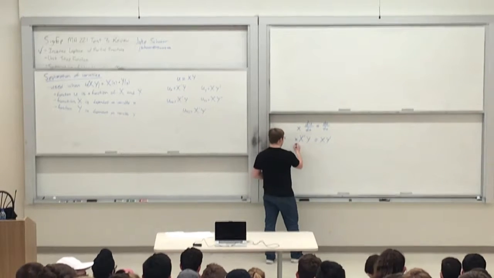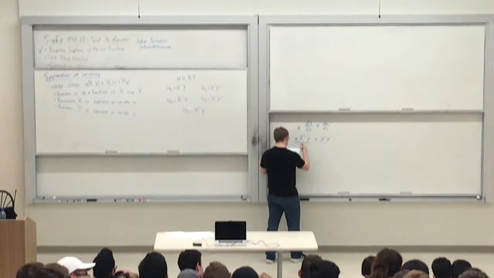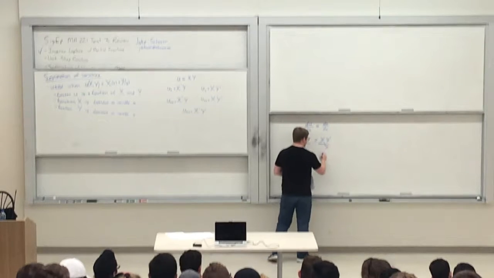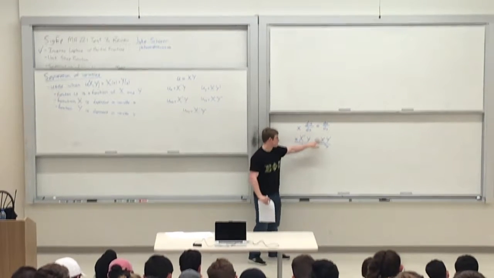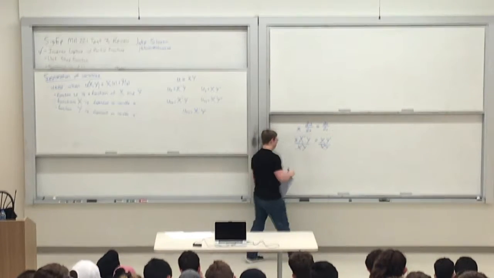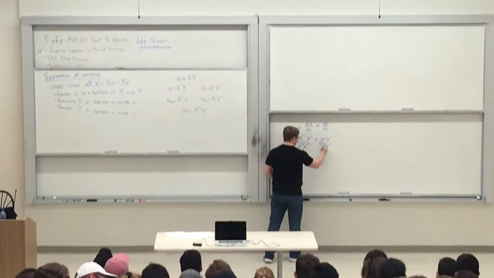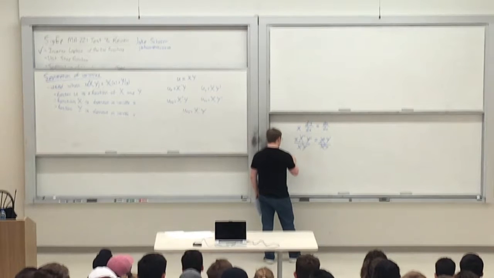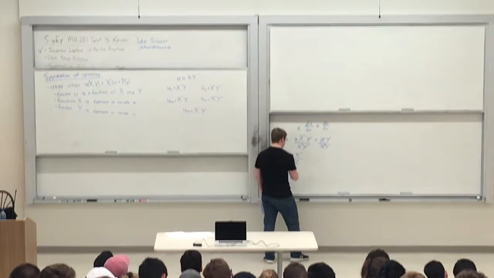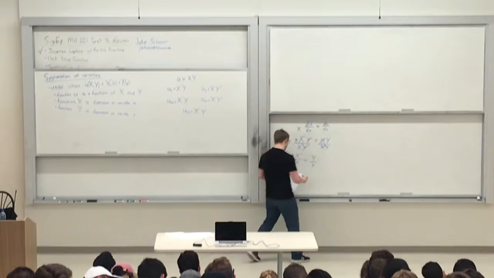So I'm going to divide by Y over here, so that I can get rid of this Y. But I also want to get rid of this X on the right side, so I'm going to divide by that as well. So what I'm going to be left with is these Y's cancel out, these X's cancel out, and I'm going to have lowercase x times capital X prime over capital X is equal to capital Y prime over capital Y.